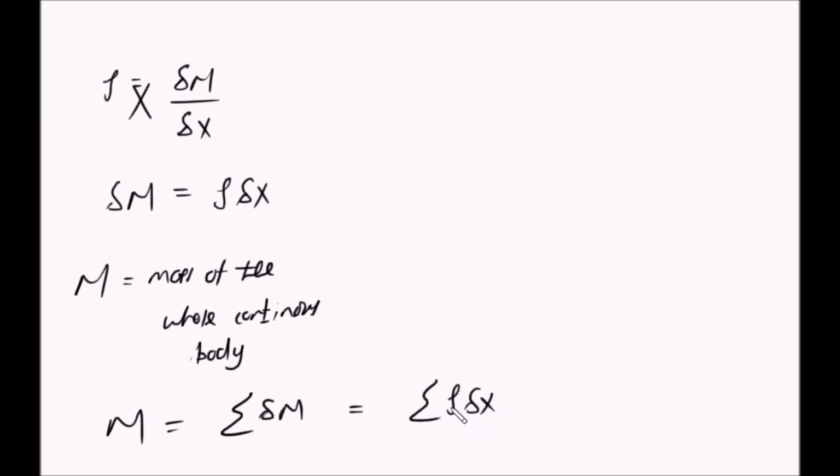Sasa for accuracy tuwe na element vidogo vidogo, manake delta x iwe very small approaching 0, ndo tutafaana. Manake sasa the sum we get is gonna be a limit of a sum as delta x approach 0.